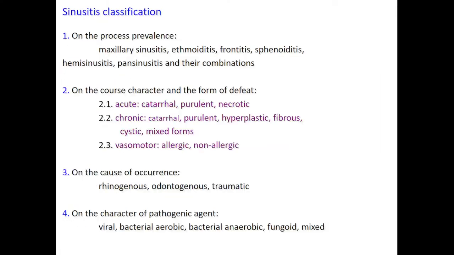Sinusitis classification, of course, due to localization: maxillary, ethmoid, frontal, sphenoid, hemisinusitis, pansinusitis, and their combinations.